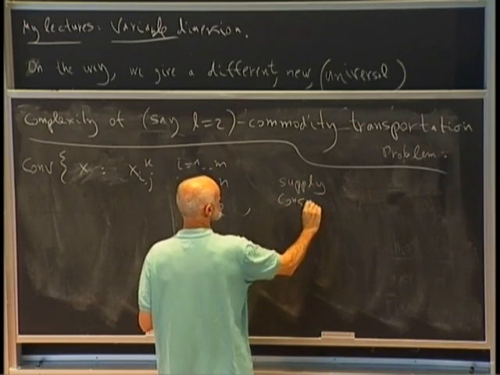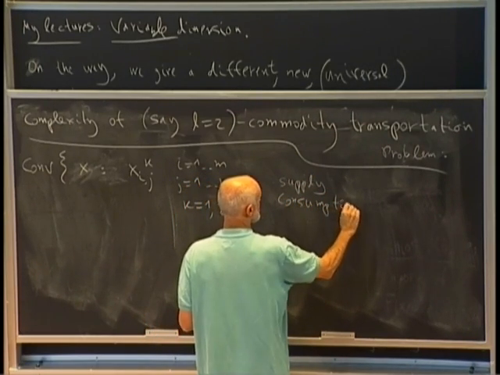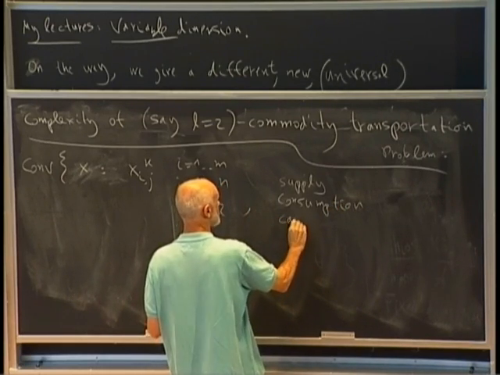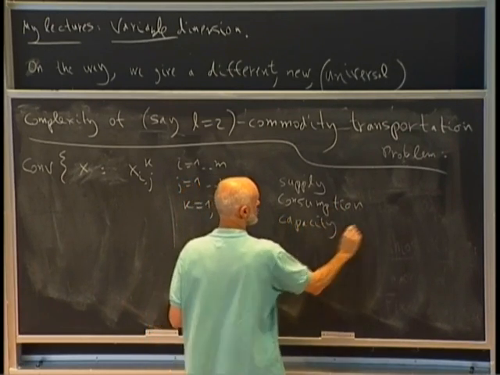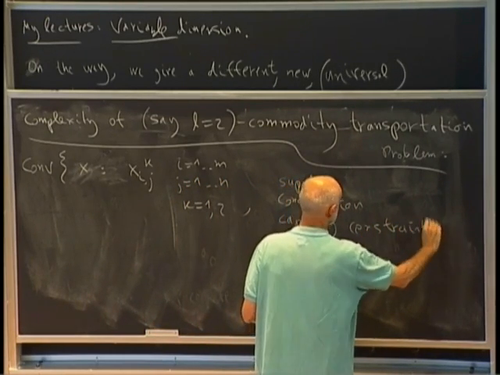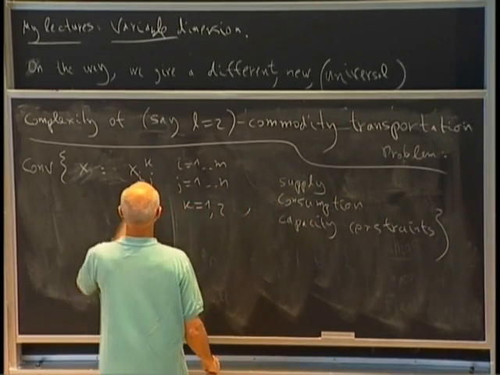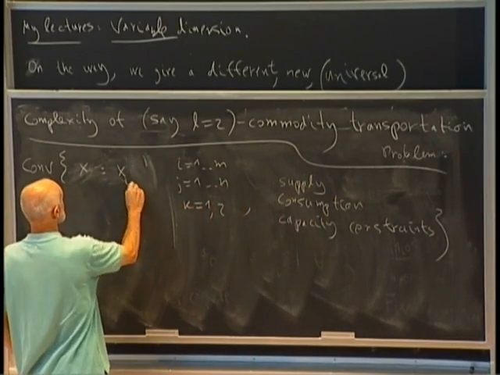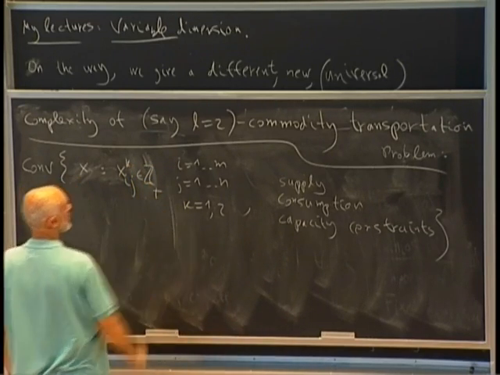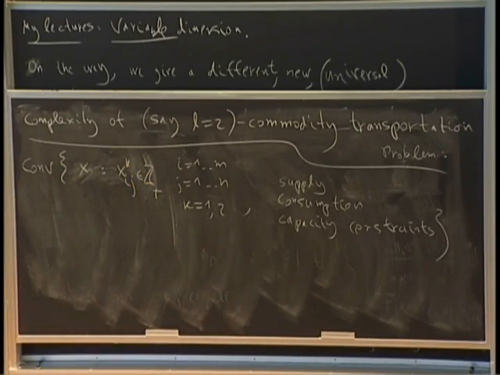Supply, consumption, what else? Capacity constraints. This is my set. And let's say I want these to be non-negative integer. Let's look at this.